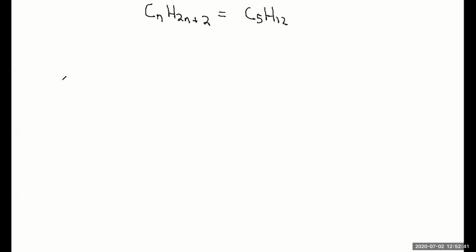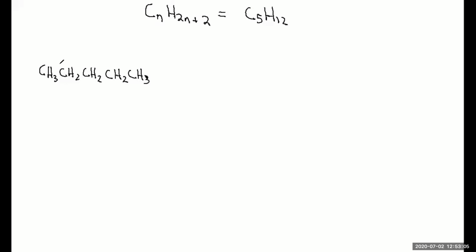So how many different constitutional isomers can we get from C5H12? Well, we can have one where the carbons are all bonded in a straight chain. Okay, so we have that isomer.